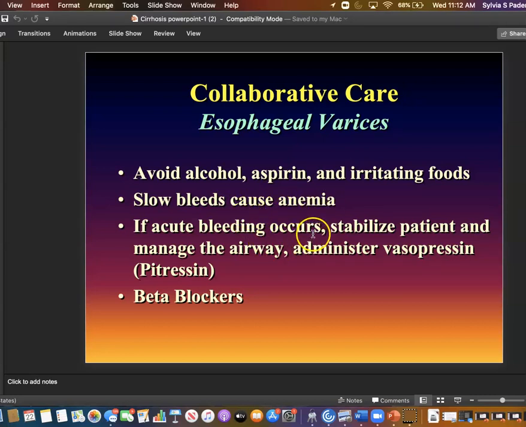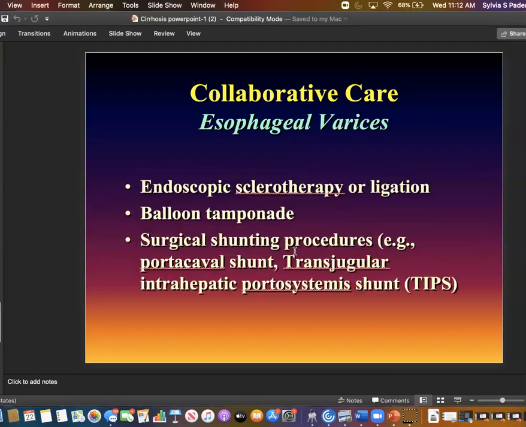If acute bleeding occurs, stabilize the patient and manage the airway. Vasopressin is administered, and beta blockers. So this can be managed with endoscopic sclerotherapy or ligation, balloon tamponade.